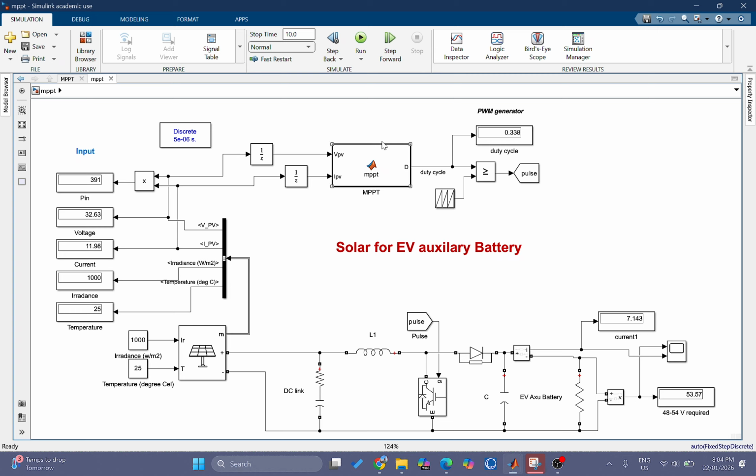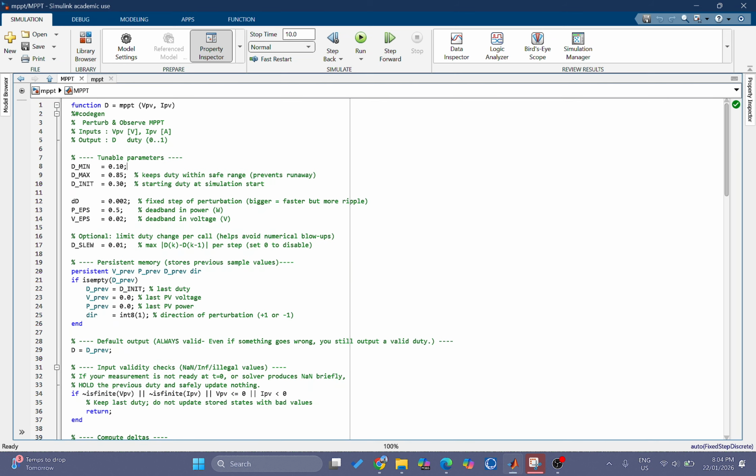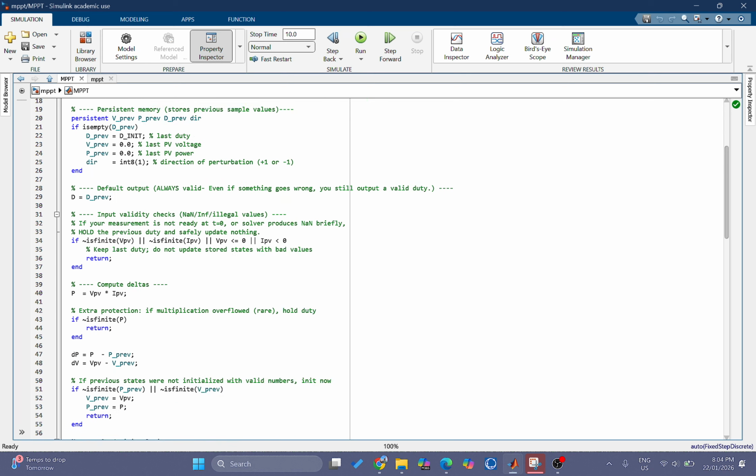Now, in case of the MPPT algorithm here, the head of the system is a Perturb and Observe MPPT algorithm, and at each control step, the algorithm measures the PV voltage and current and calculates the PV power.